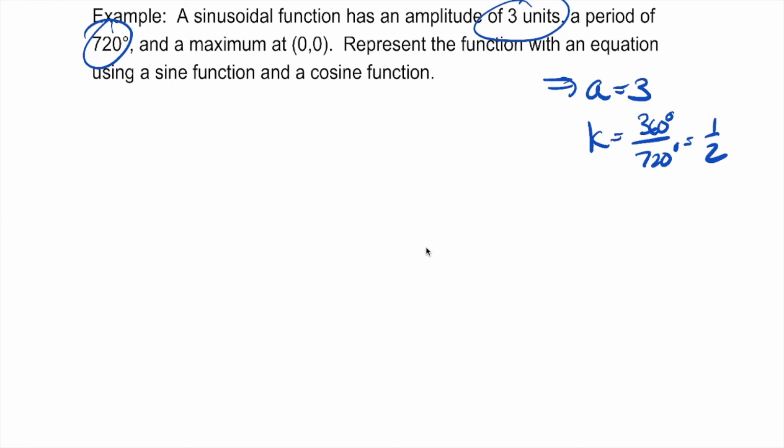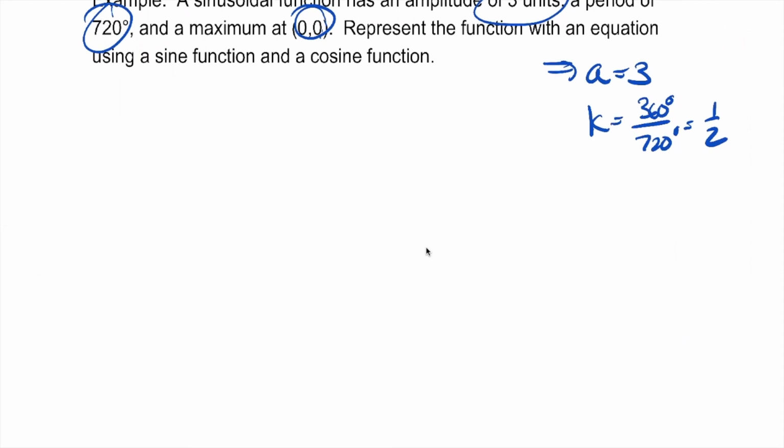And it has a maximum of (0, 0). So this one is a bit tricky because we're given a coordinate. We know that the maximum is actually the y coordinate of my point. So here I can say that the peak is actually 0 because that's the maximum value. So how can I determine the trough or the equation of axes? Well, we're given the amplitude.